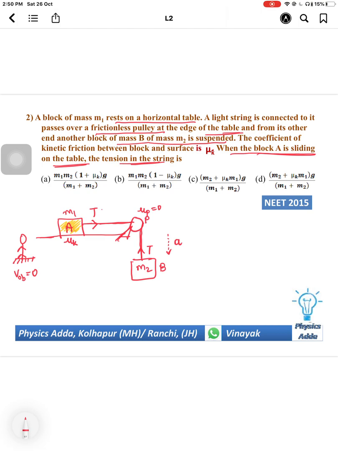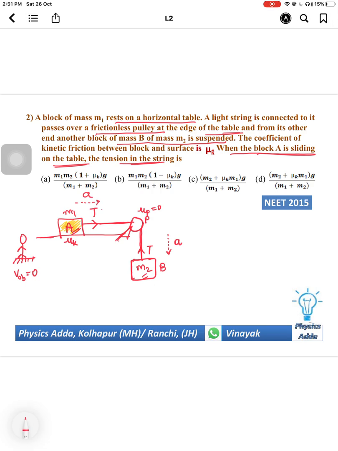This mass m1 will move towards the right with the same acceleration a. Can you imagine the situation? This m2 is moving down, and since it is moving down, the string will pull mass A, or mass m1, towards the right. I need to draw separate free body diagrams for block A as well as block B, right?